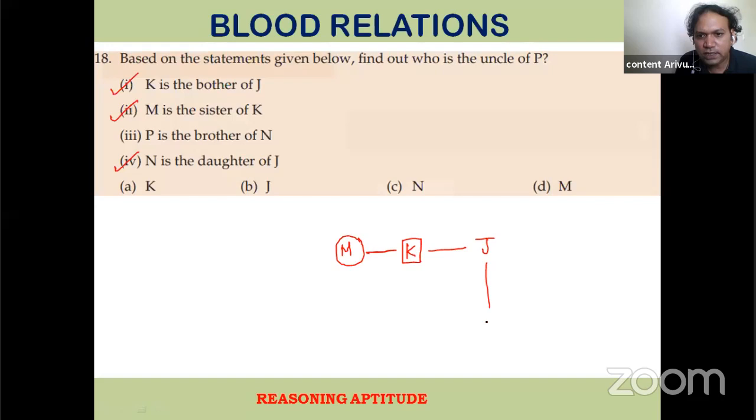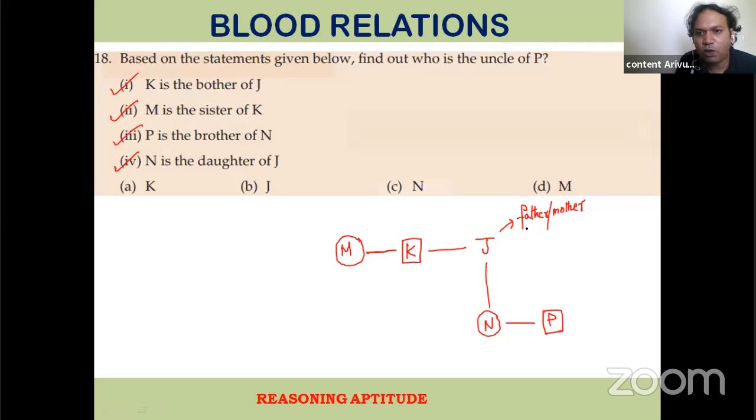J's daughter is N. N is daughter, but is J the father or the mother? We don't know, so let it be like that. It could be father or mother. And P is the brother of N. So P and N are brother and sister.